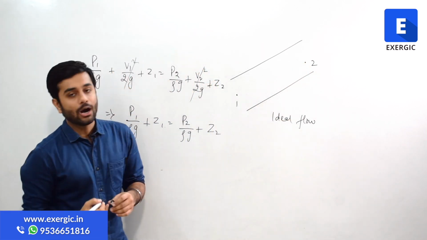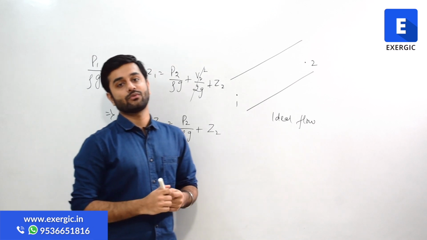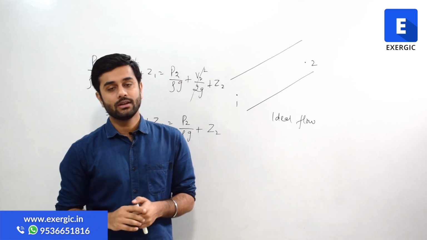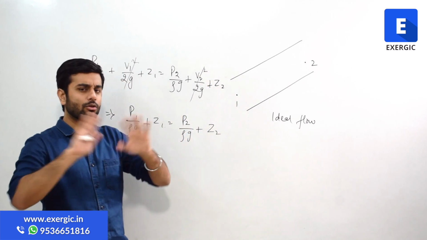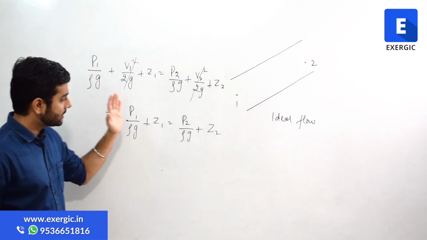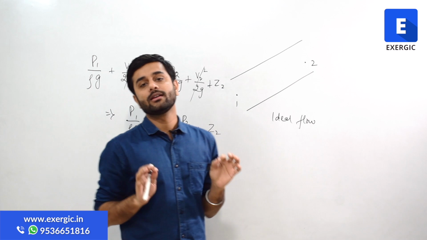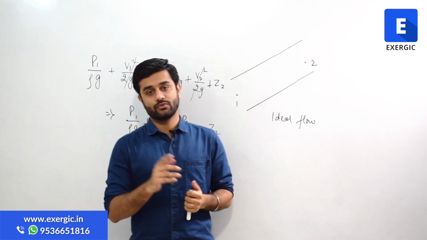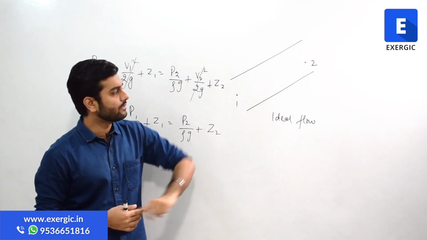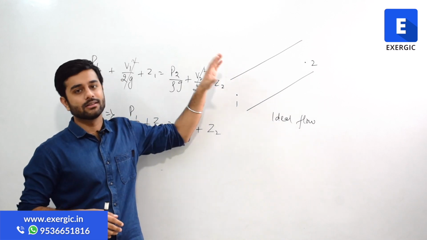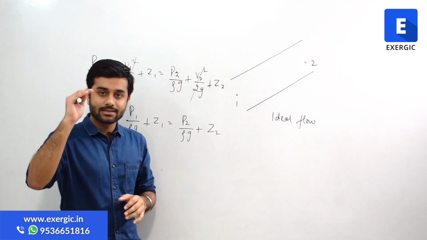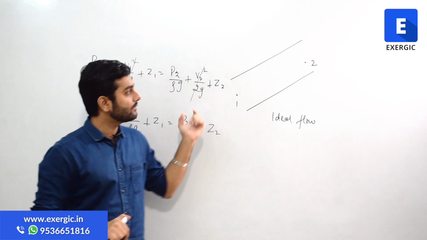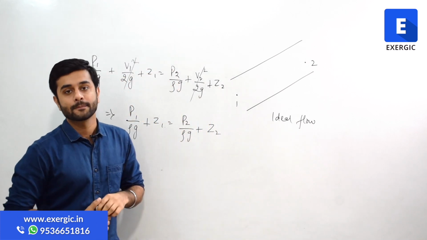Tell me, how can I find out the direction of flow? It's a question for you. For this case, suppose I know all the values, I know all the pressure, the datum, everything is known to me. Tell me, what should I do to find out the direction of the flow? Suppose this is a question in which everything, pressure and area and the datum, everything is known, and it asks you to determine the direction of flow, whether it is from 1 to 2 or from 2 to 1.